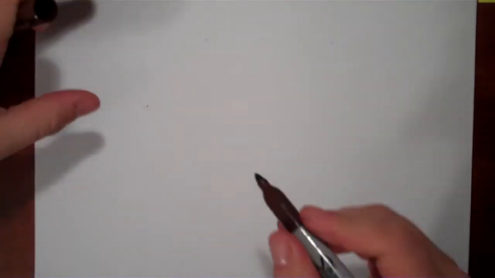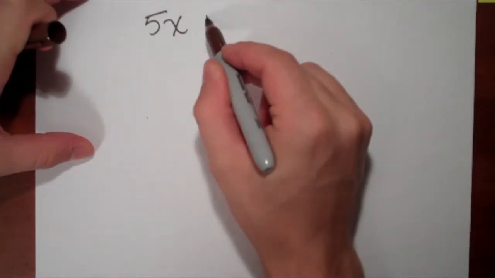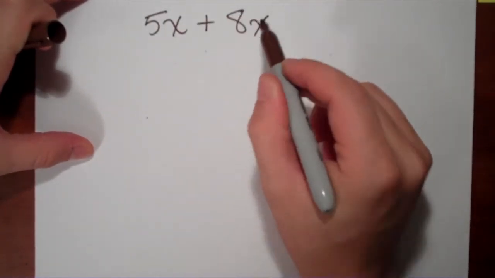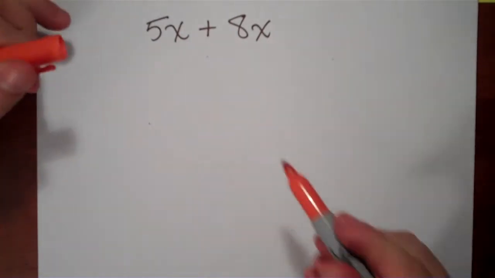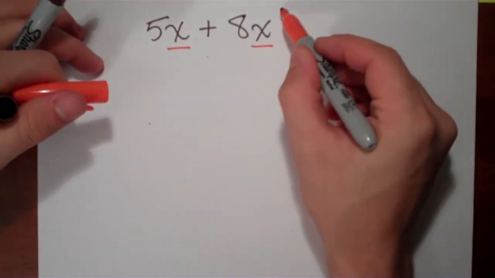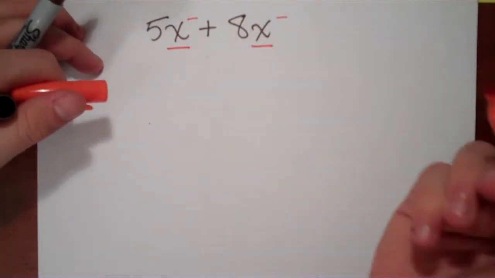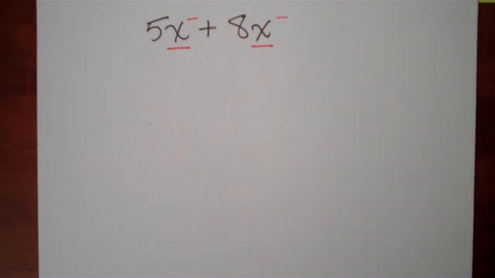So, for example, first one a little farther down says 5x plus 8x. Let's look at these. What are our variables each time? Our x, and there's no exponent here, which means they're both x to the first power, just one x, right?